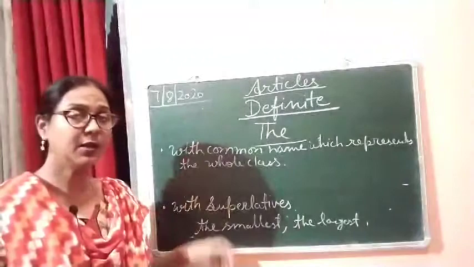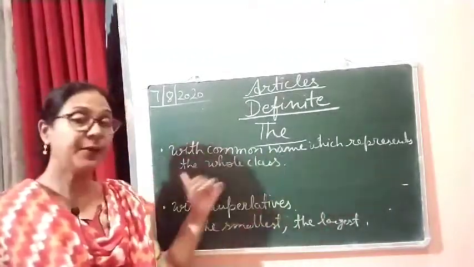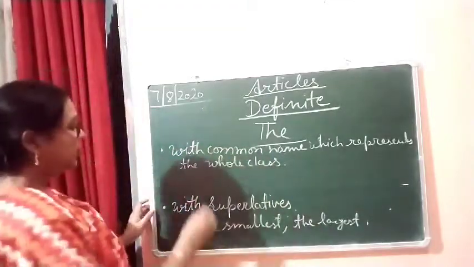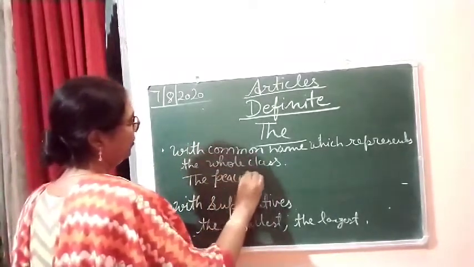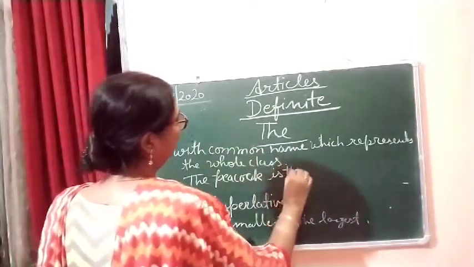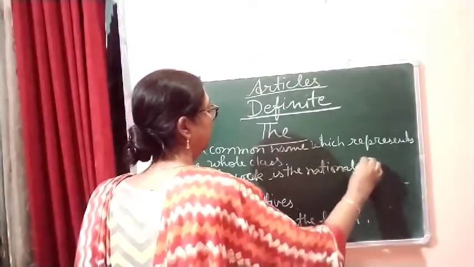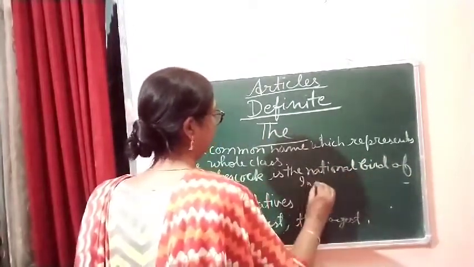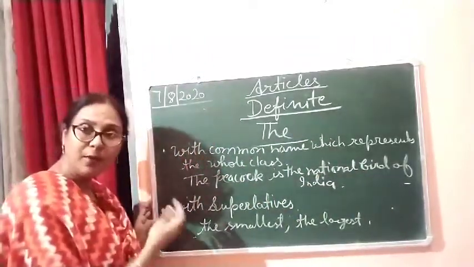Here the article is used with a common name which represents the whole class. If I write, the peacock is the national bird of India, you can see we are talking about a very common thing.